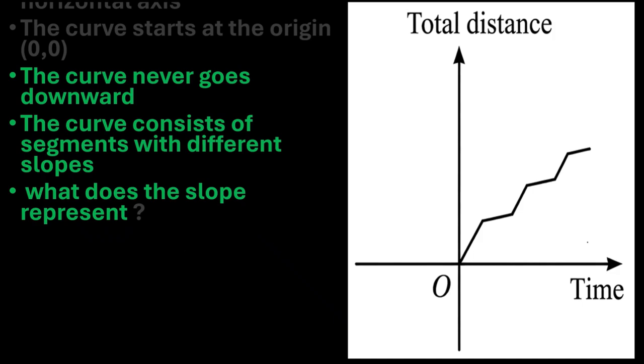Right? So we'll try to understand the concept of this graph by keeping in mind the slope of the graph, which represents velocity. And I have divided this discussion into 4 different parts: phase 1, phase 2, phase 3, and phase 4.